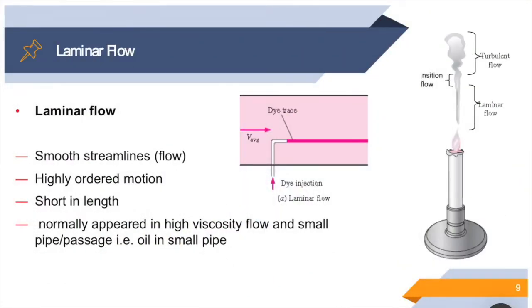Whenever you are asked about laminar flow, you should say that laminar flow is characterized by smooth streamlines and highly ordered motion. Usually it is shorter in length, and it normally appears in highly viscous fluids such as oil, very thick glycerine, and thick fluids such as honey.